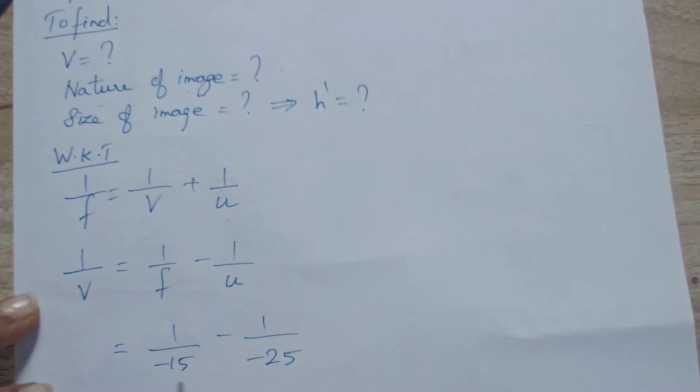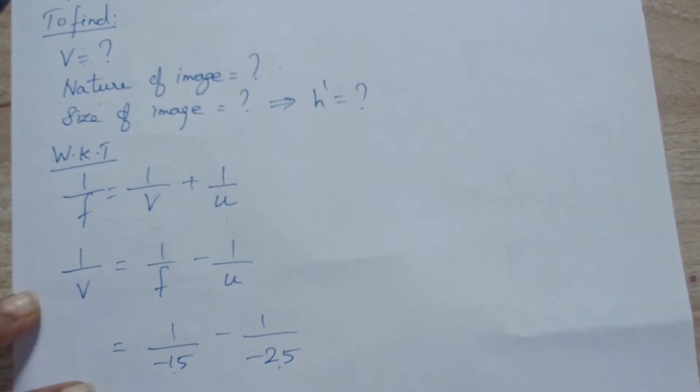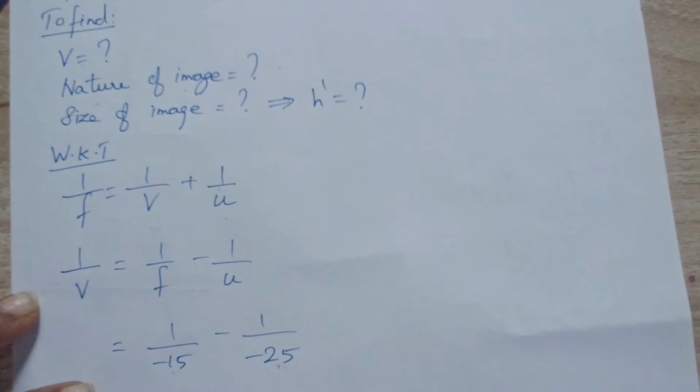So what is the LCM of 15 and 25? In the previous term, we have seen that the LCM of 15 and 25 is 75, right? 75. So here you have to multiply by 5. To make it positive, you have to multiply by minus 5.